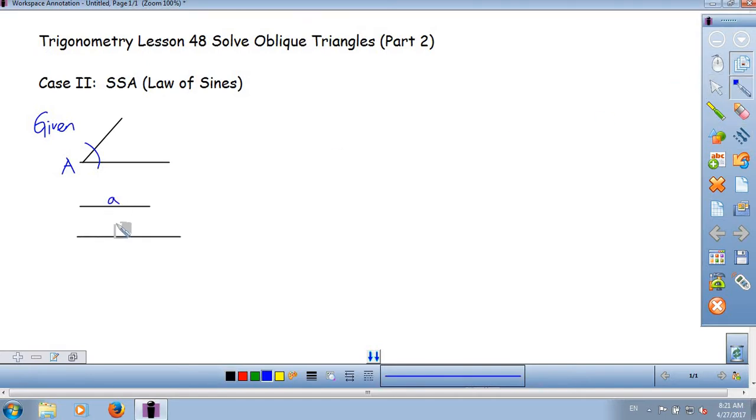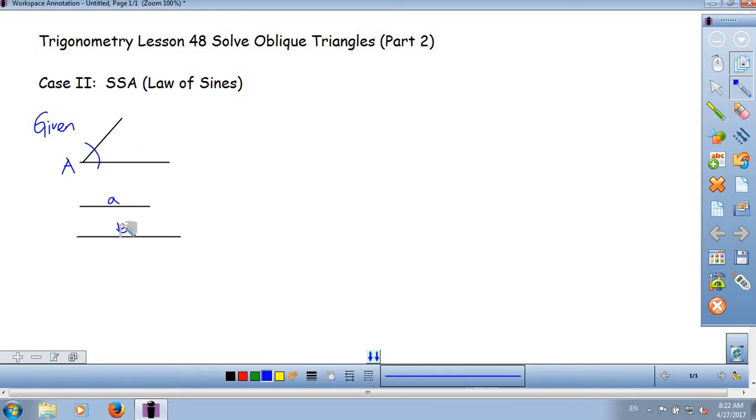But side A is the opposite side, and side B is one of the adjacent sides of angle A. That means side B has to be part of angle A, either the side on the top or the bottom, doesn't matter. But side A is the opposite side. It has to be away from angle A.